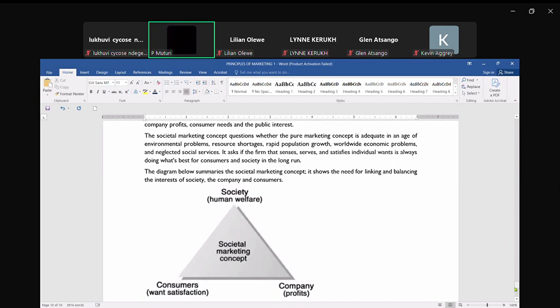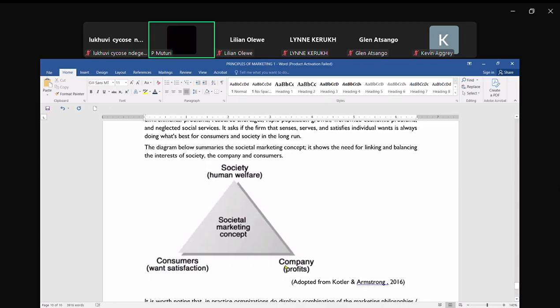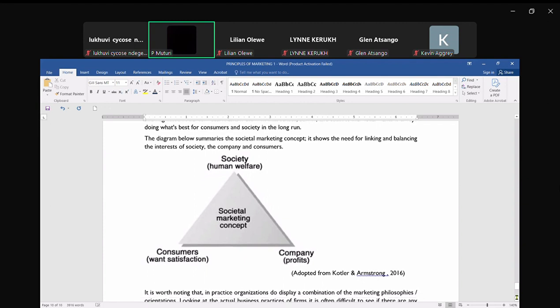It balances three things: society, which is the human welfare, taking care of the welfare of people, and balancing that with company profits, as a company tries to make profit while being cognizant of the welfare of the society, but also while satisfying consumer needs and wants. So, striking a balance between those three aspects.